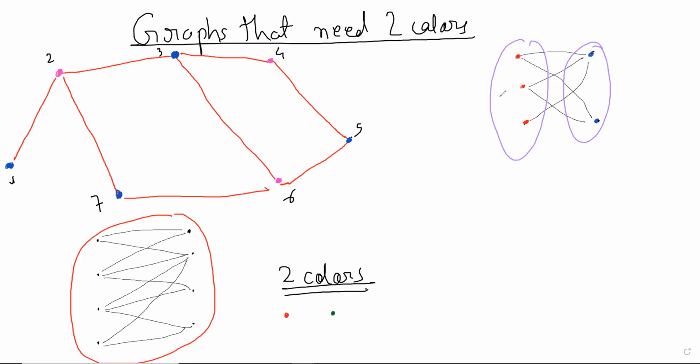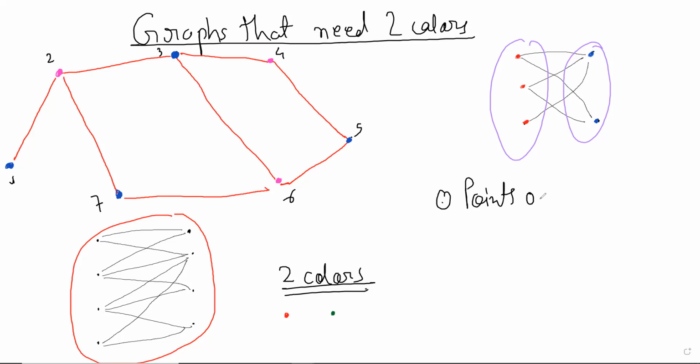The points on the left side have no lines between them, no matter how complicated the picture is. The points on the left side have no problem getting the same color. And so that is probably one piece of observation that one can use.